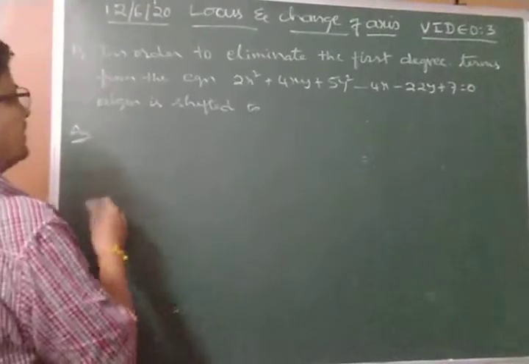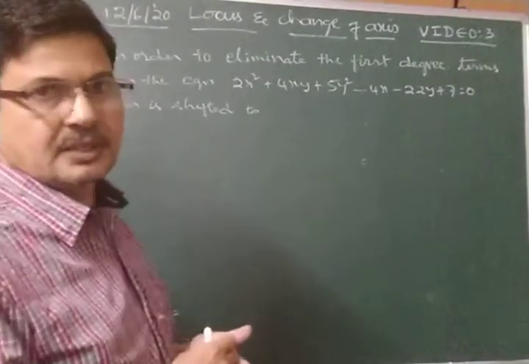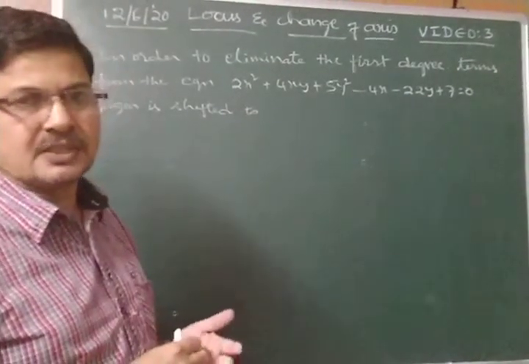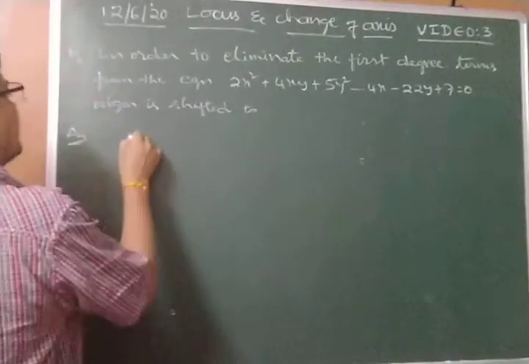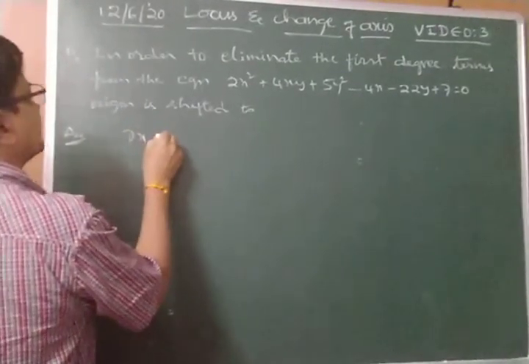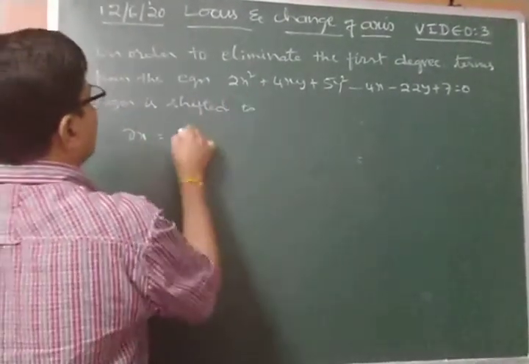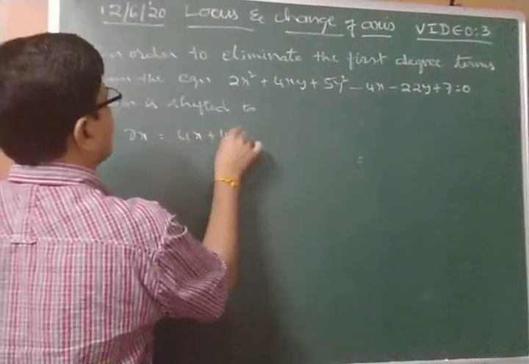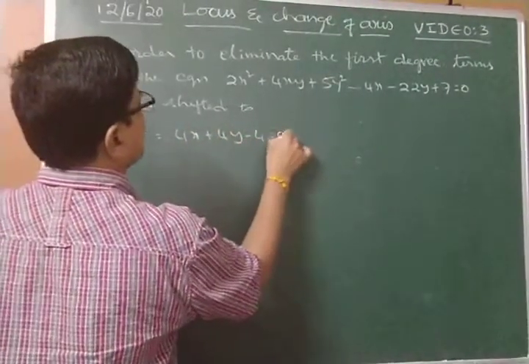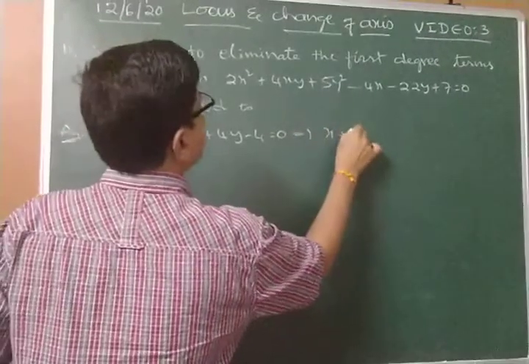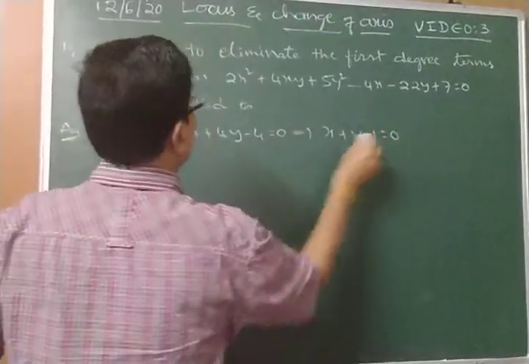For that point we apply the partial derivative with respect to x and the partial derivative with respect to y. Applying the partial derivative with respect to x, we get 4x plus 4y minus 4 is equal to 0. That implies x plus y minus 1 is equal to 0.